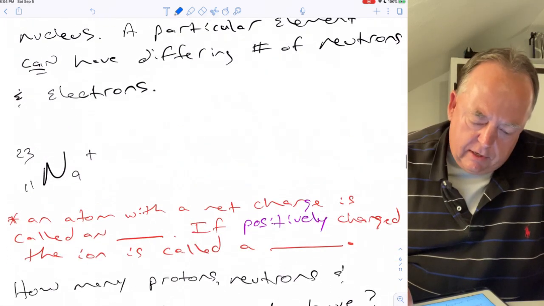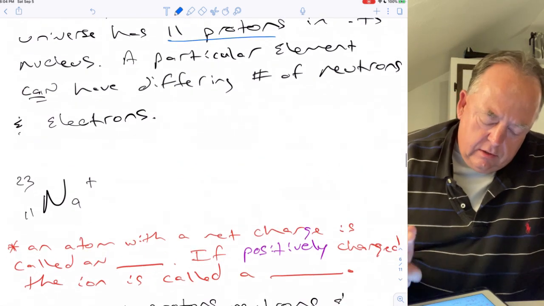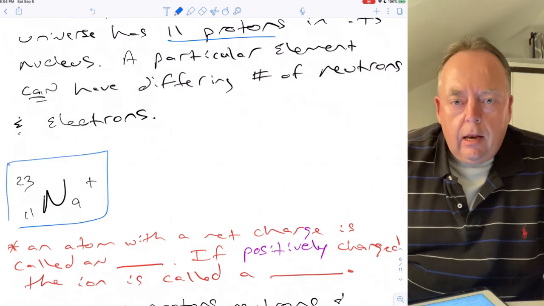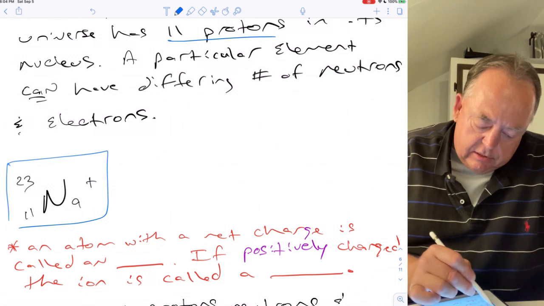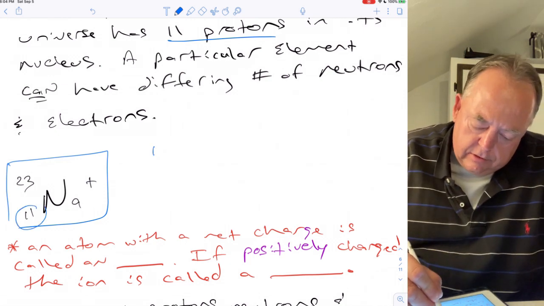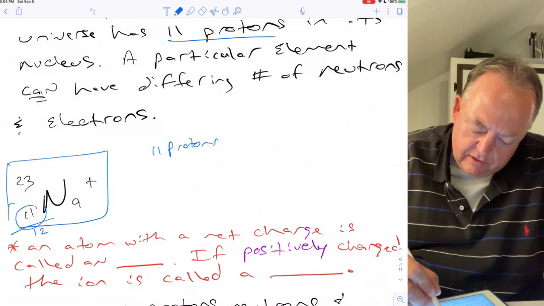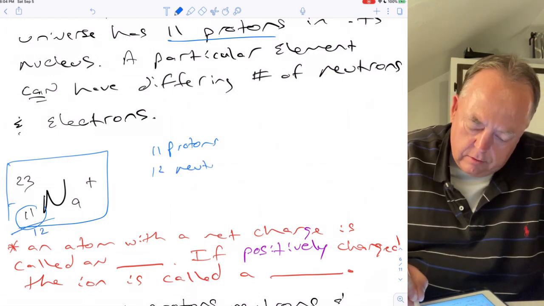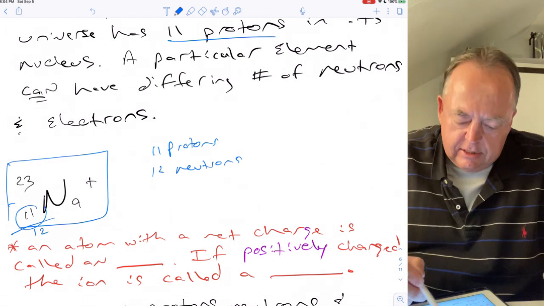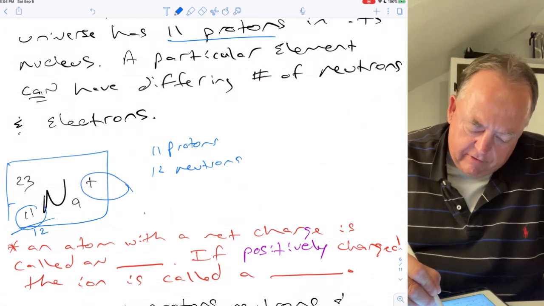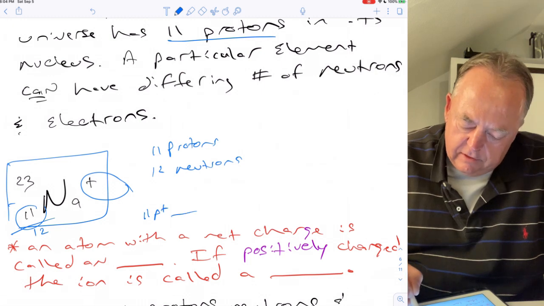Okay, so how about if we take this nuclide symbol? So now how many protons, neutrons, and electrons does it have? So still it has 11 protons. All right, we subtract the 2, 12, so it's got 12 neutrons. Now how many electrons does it have? So now we look at this, now it's plus, it's positive. So we have 11 protons that are positive.